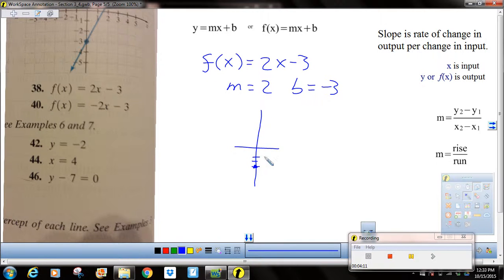You can think of that as a beginning point, and the y-intercept symbol is a b. Begin starts with b, so I'm going to begin at the point negative 3 on the y-axis. And then this is how I'm going to move. The slope is, I'm going to go up 2 for each time the graph goes over, because slope is rate of change in the output, the y value, the way y changes as x changes. And I didn't draw a very straight line, so that's how you do it.